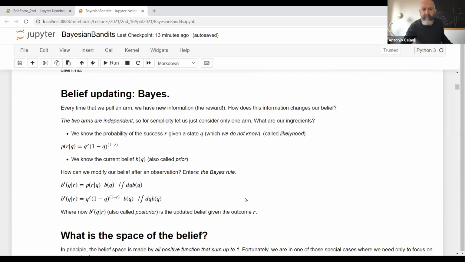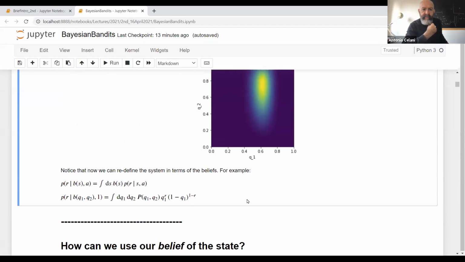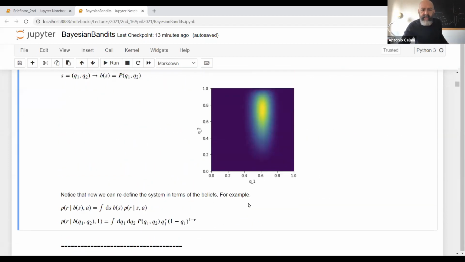May I add just a comment? If you go back to your picture of the typical belief, for instance, a strategy that exploits your current information would be to say, let me identify the maximum of this belief, the point where the probability is maximal.